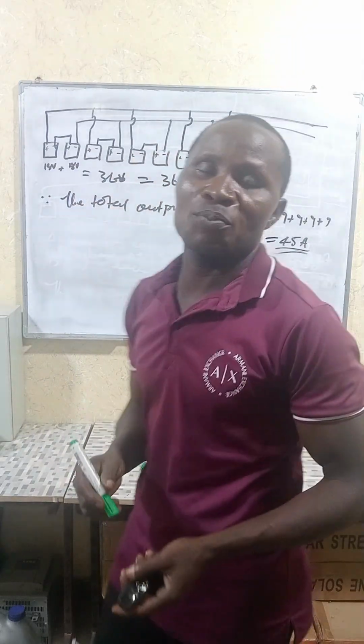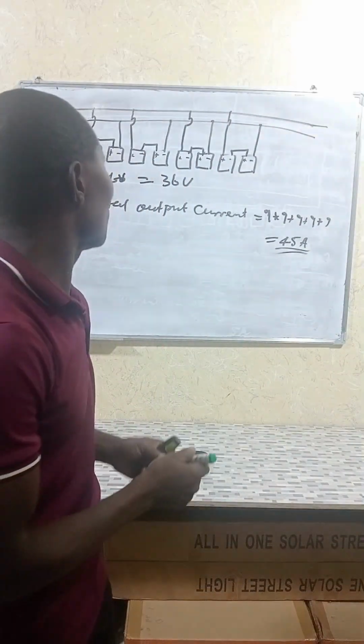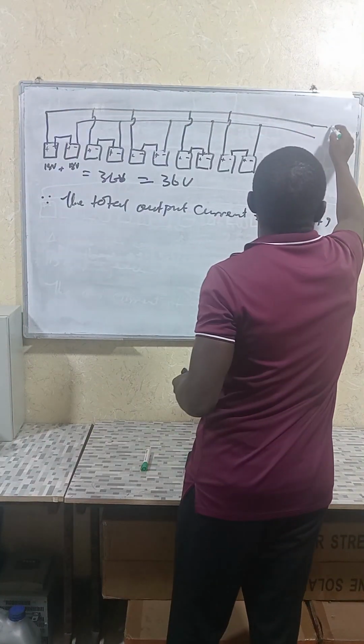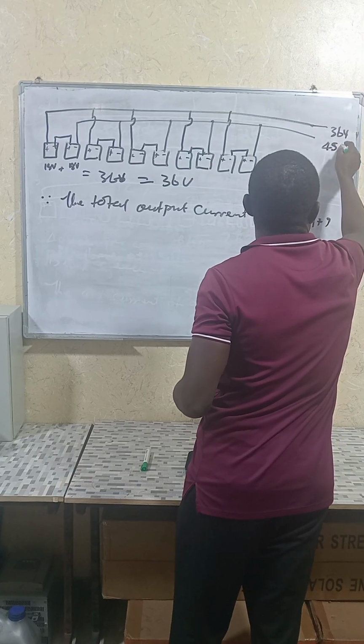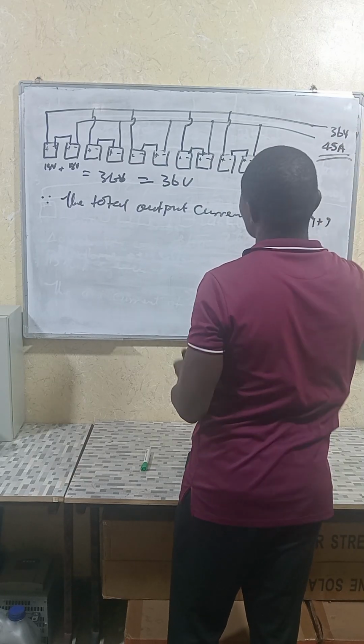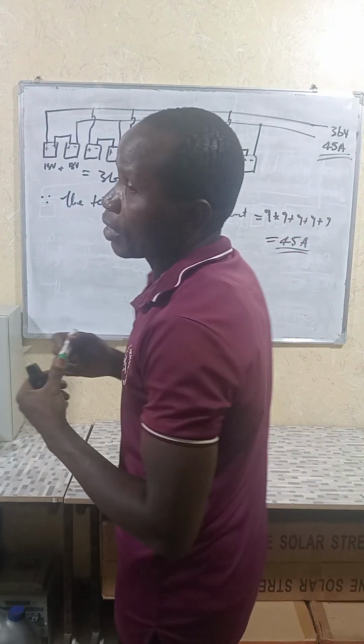So with this total output current and the voltage we have gotten, what you have here is 36 volts, 45 amps. This is what goes to your charge controller without putting the irradiance into consideration.